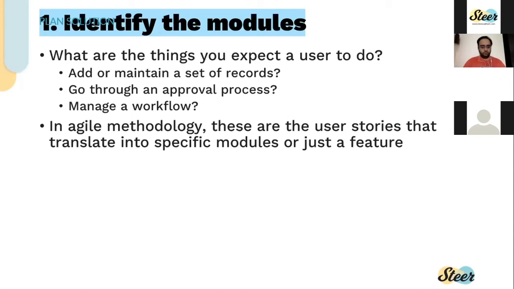Would they have to check where each request or ticket is at any particular step or stage in the workflow? Those are questions that you can ask to help you identify what kinds of modules you'll need.